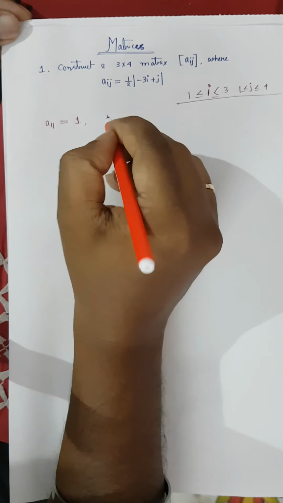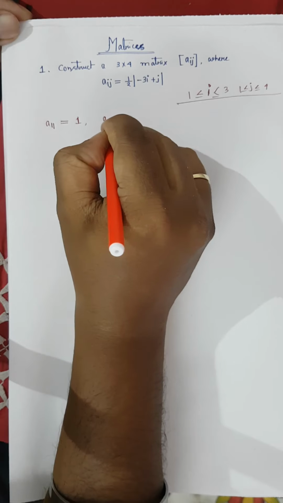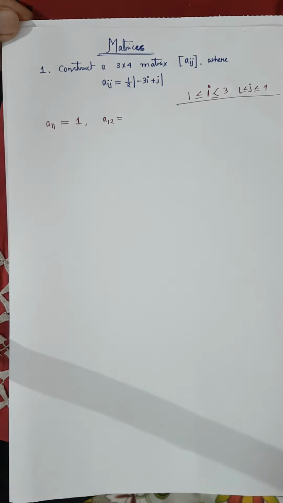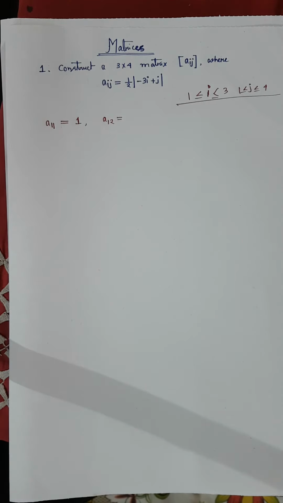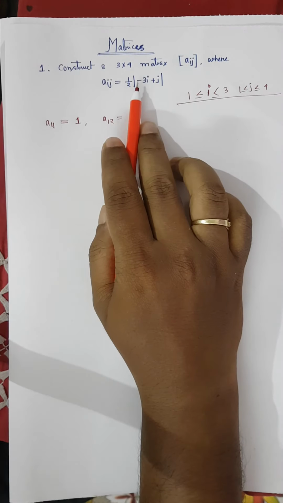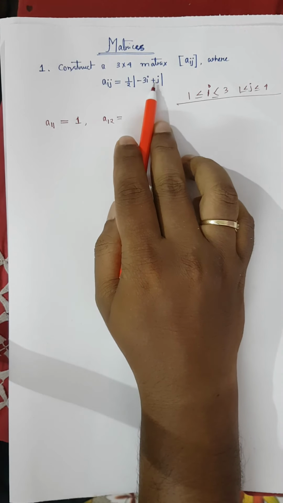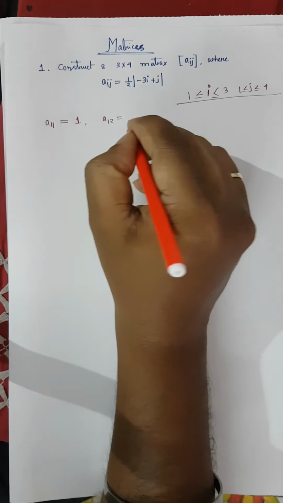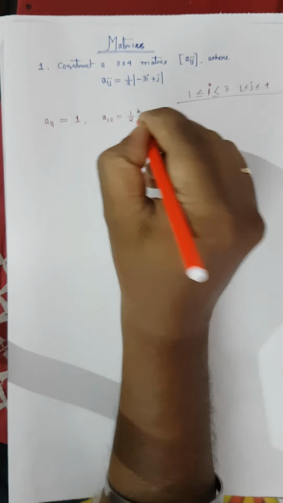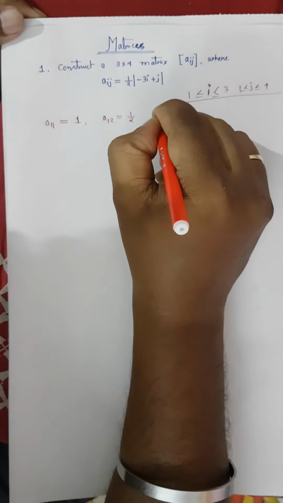You can calculate these things in your mind. Now a12, that is the element of first row and second column. So put i equal to 1, j equal to 2, minus 3 plus 2 is minus 1, take mod is 1, so a12 is equal to half.